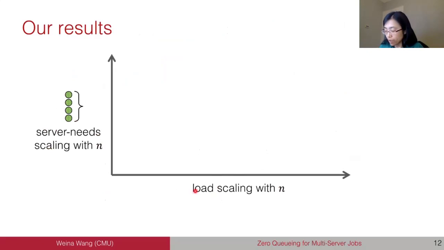We scale the load in the following form, with parameters alpha and beta, which are constants. Alpha is the key constant here. The larger alpha is, the faster the load approaches 1, and that means the traffic is heavier. So we put alpha on the x-axis.